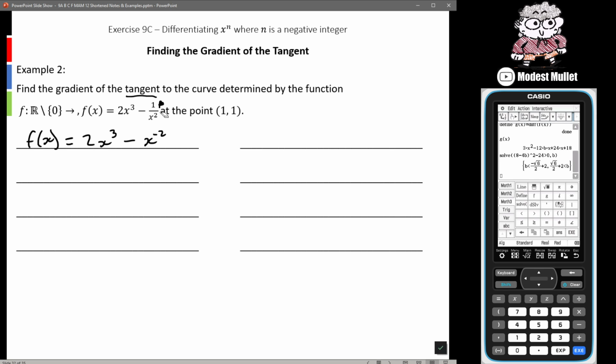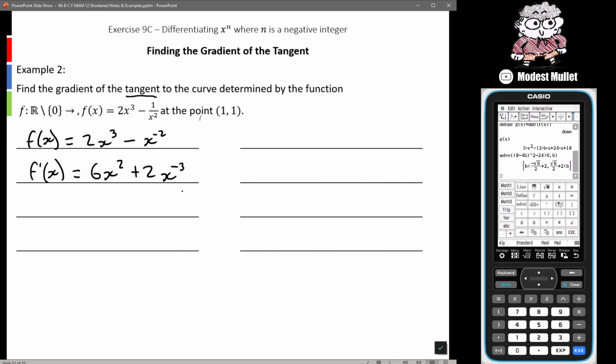Using index laws, that makes it a negative power. So f dash of x is equal to 6x squared, take away, times by the power, so negative times negative 2, that's plus 2x to the negative 2 take away another 1, becomes negative 3.